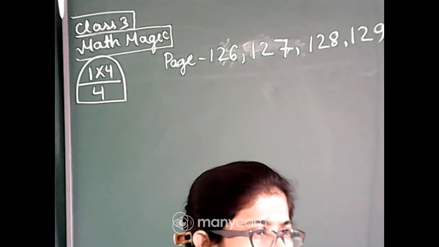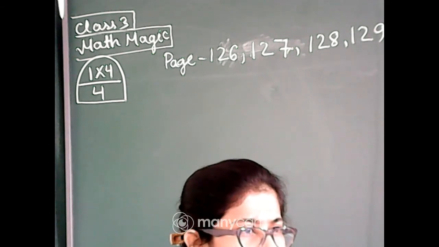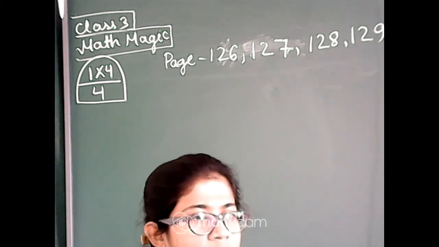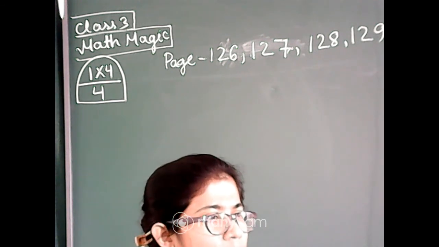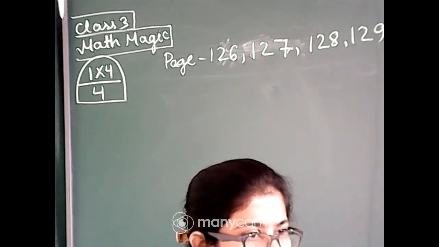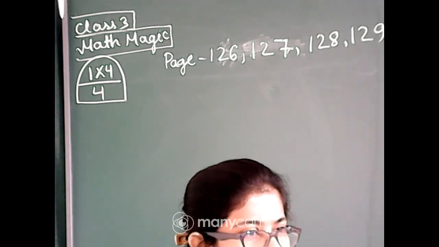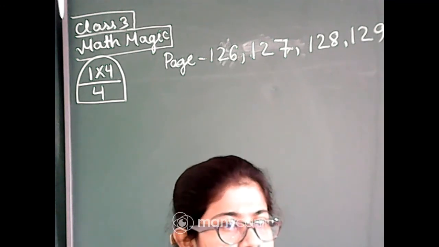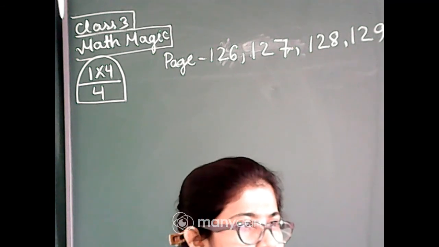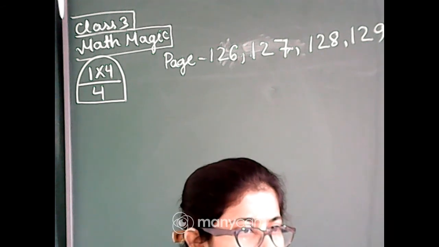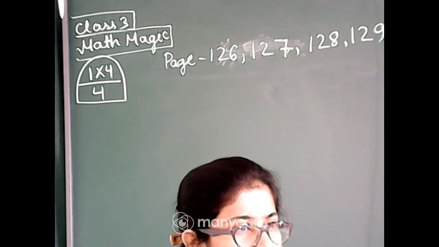Aniruddha Goswami, page number 126. Okay, everything is all right on this page. Daksha H, page number 126. Okay, Daksha, you have done all the maths correct. Aniruddha Goswami, page number 126. Okay, all the maths are correct.